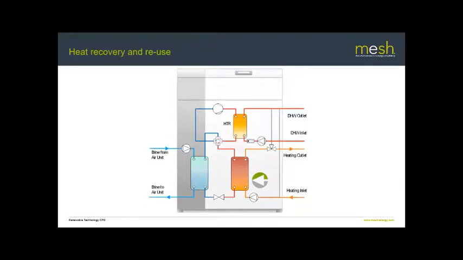Let's look at some other innovative systems that can be used to recover and reuse heat that's been rejected from the cooling. In this system, which is typical of an Ecoforest heat pump, you can see that they have an additional heat exchanger labelled HDR.